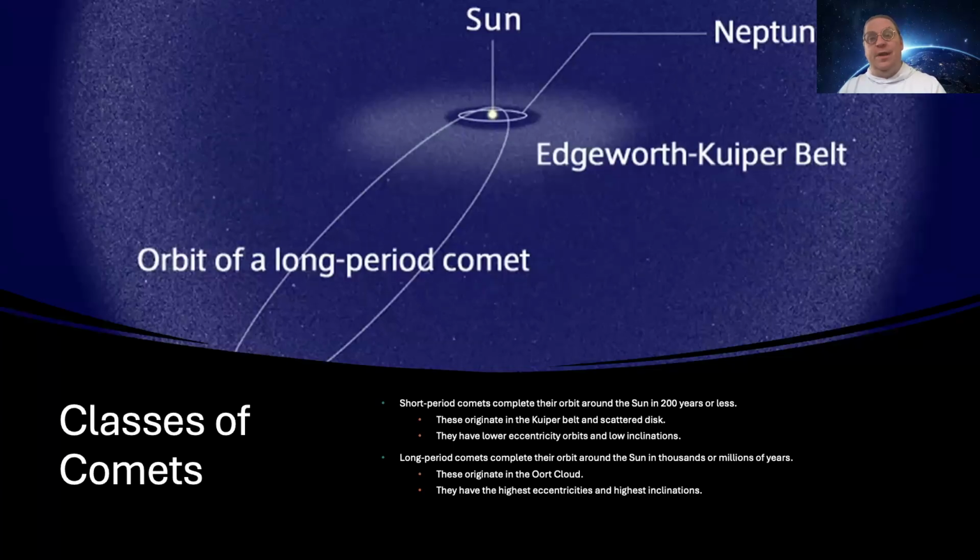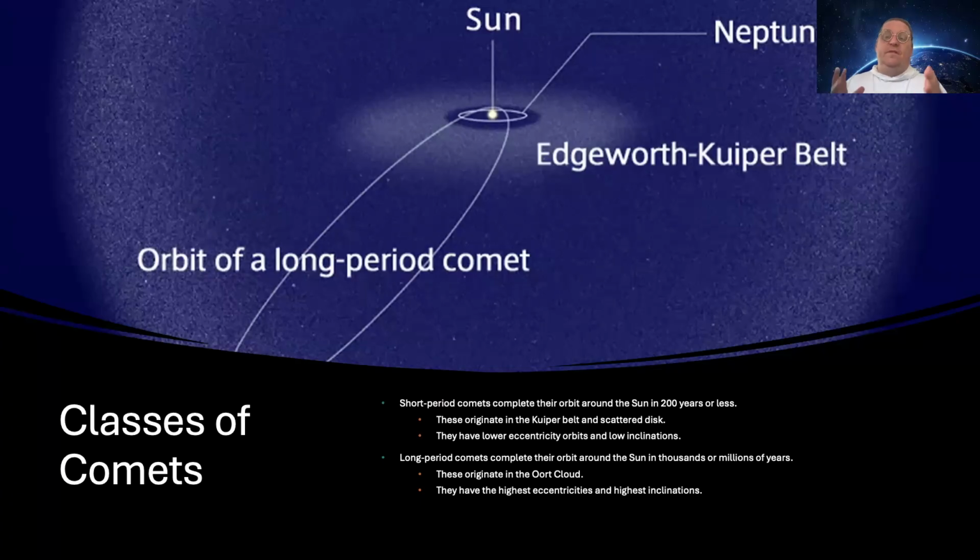Halley's Comet, for example, has an orbital period of 76 years. It last came in, I think, in the mid 80s. So I probably will not see it again, but y'all will probably see it again. Your kids might actually see it when it comes back around, depending on how long everybody lives.